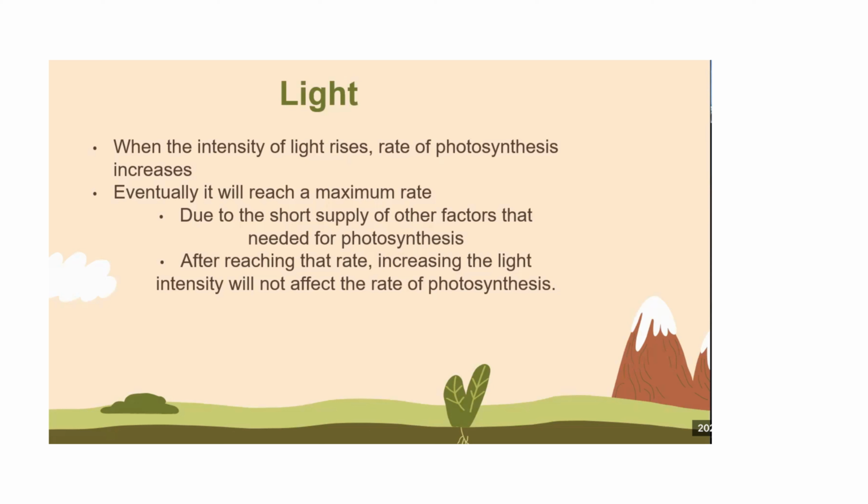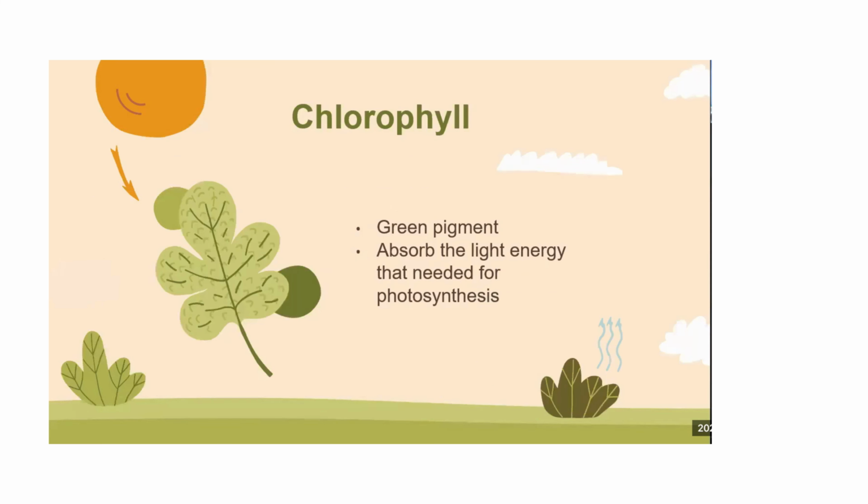Okay. The next one is chlorophyll. It's the green pigment. Chlorophyll is the one which absorbs the light energy needed for photosynthesis. Okay, so chlorophyll is also a somewhat limiting factor because we can't increase the chlorophyll amount in the plant. It is a constant amount.